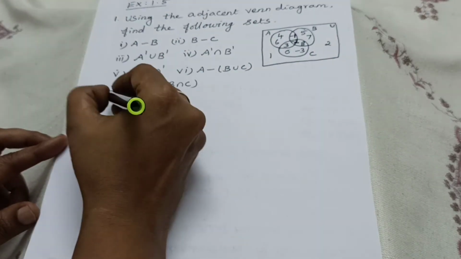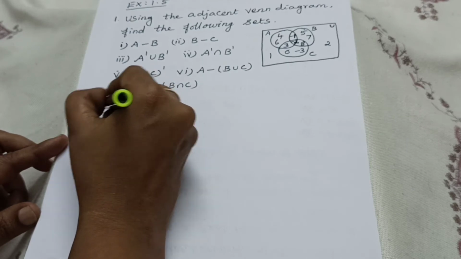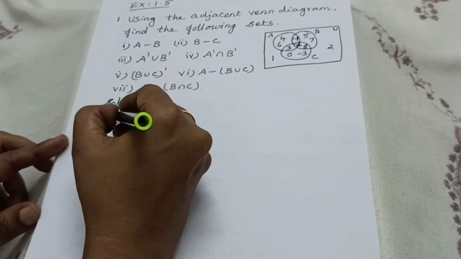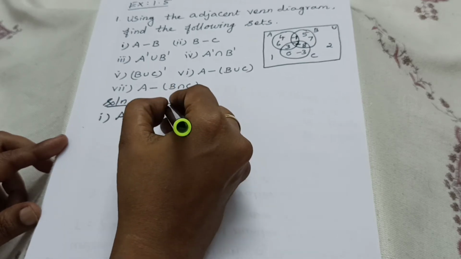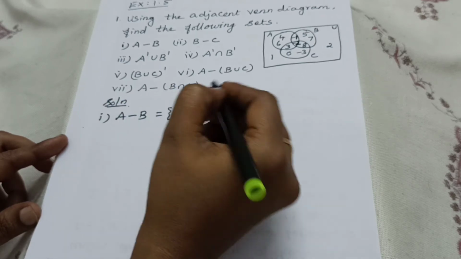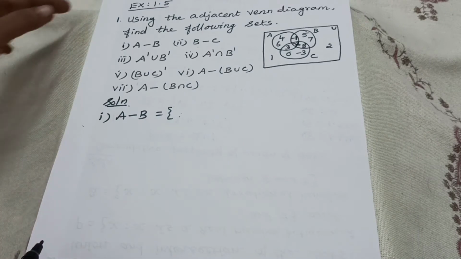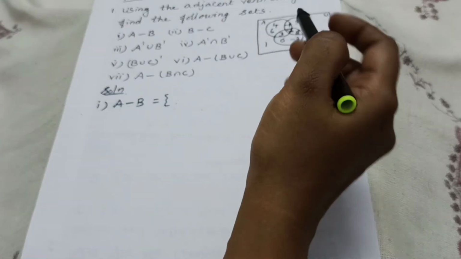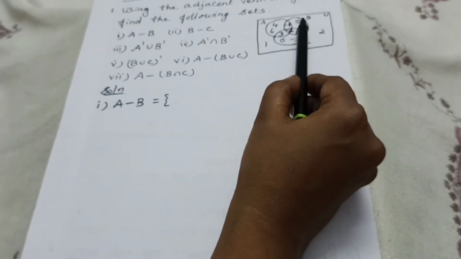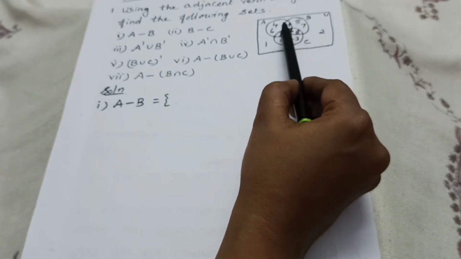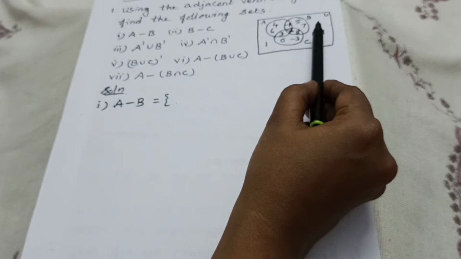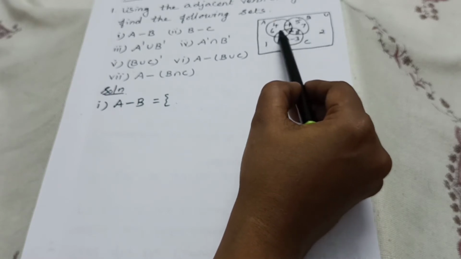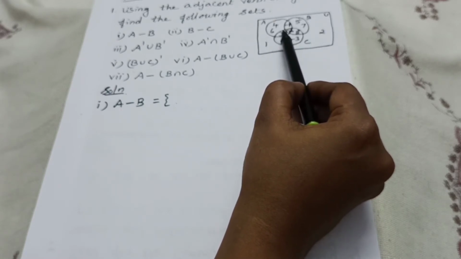Then first one is A minus B, or A difference B. How can we find it? Except this B, remaining A set. Have you understood?